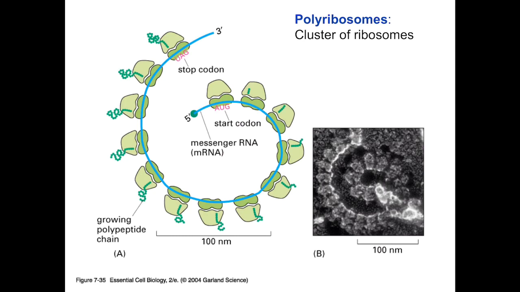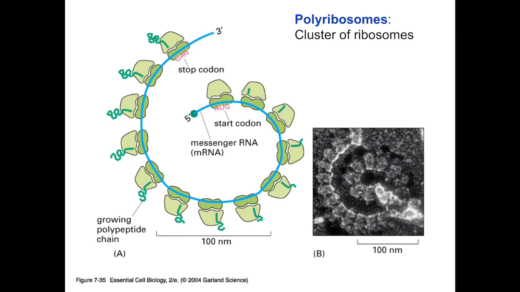In certain tissues, you sometimes will need protein synthesis to occur very, very quickly. What you can see here is one messenger RNA, and quite a few ribosomes have all been attached to this messenger RNA and are starting to do the translation.